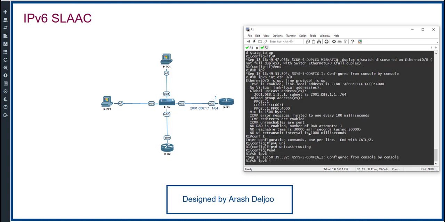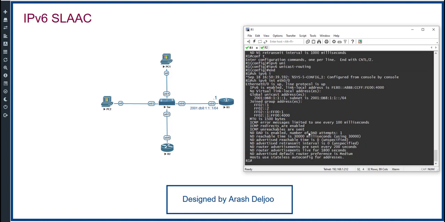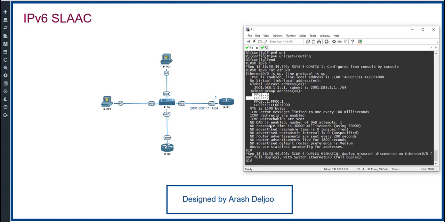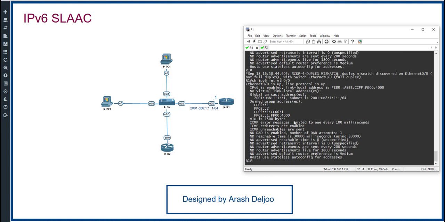Show ipv6 interface ETH0/0 shows us that now we have two multicast IPv6 addresses here. The first is for all IPv6 node hosts, and the second is for all IPv6 routers, FF02::2. And also here you can see ND router advertisement.